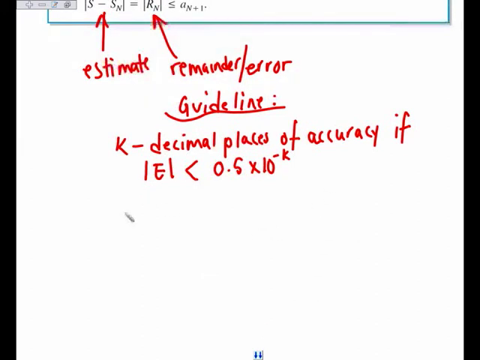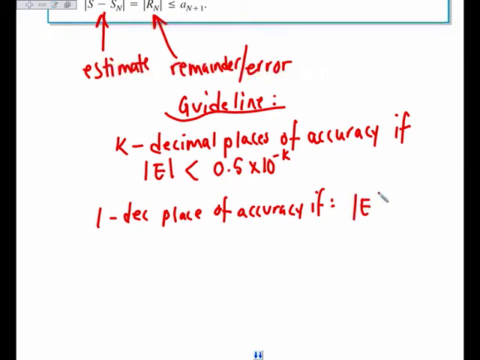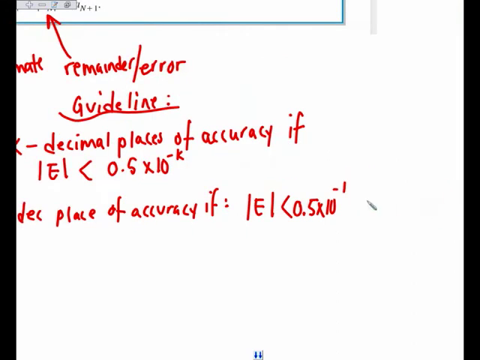So for instance, we would have 1 decimal place of accuracy if the absolute value of E is less than 0.5 times 10 to the negative 1, which would be equal to 0.05.